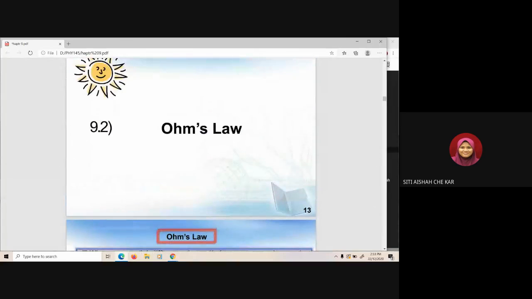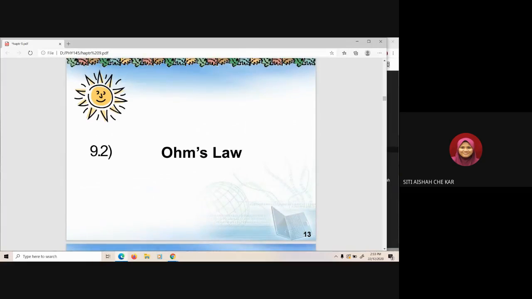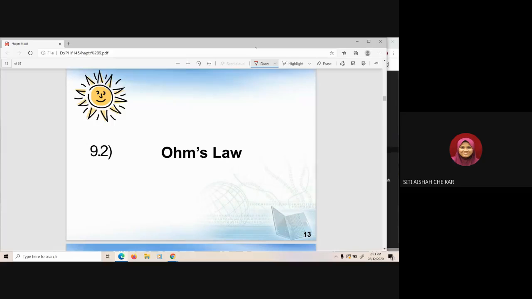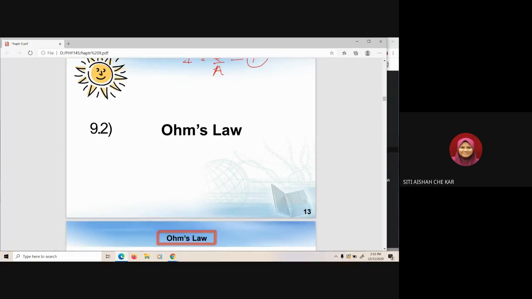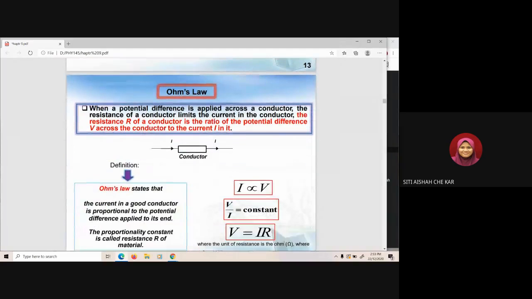Okay, now we move to Ohm's law. For the previous question, just remember the formula I equals Q over T. This is the first formula that you have to know and memorize. Now we go to Ohm's law. Ohm's law is also actually the name of a scientist who came up with this theory.